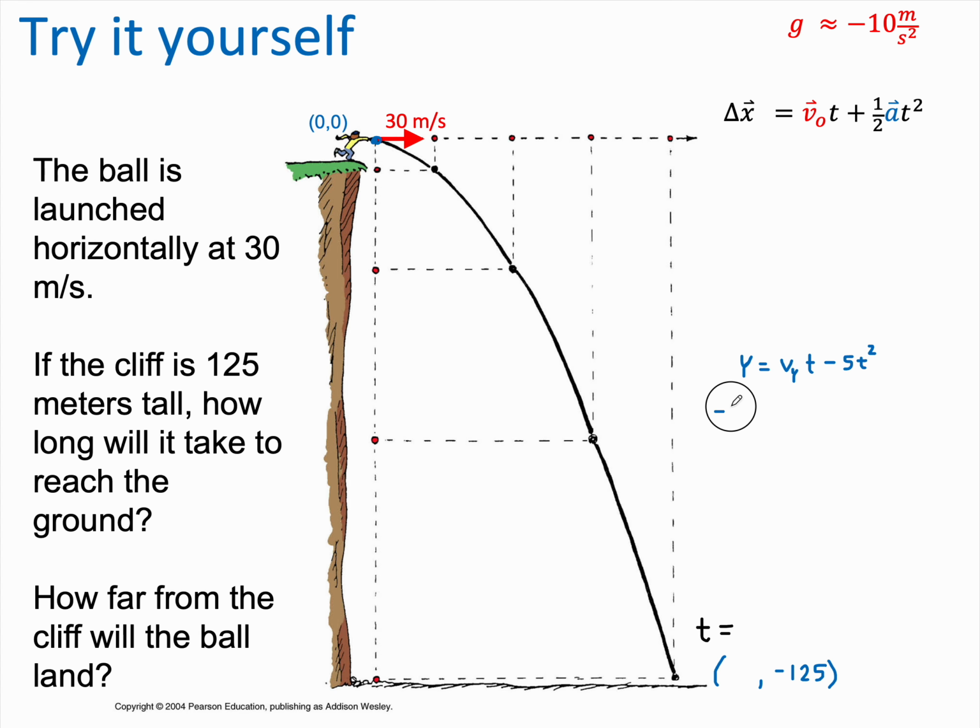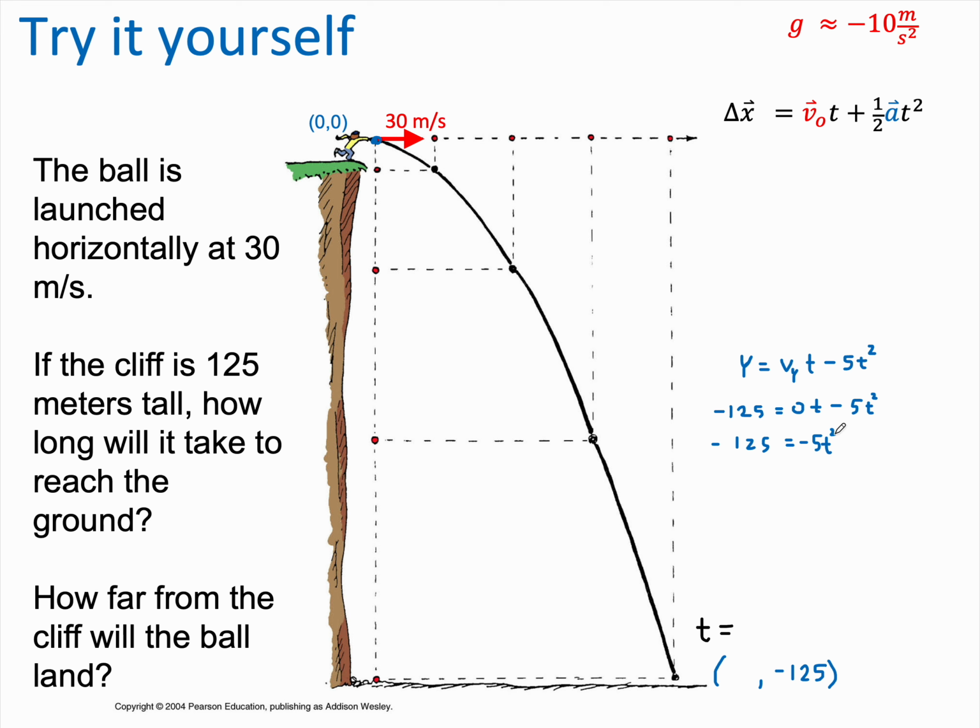So we just have to solve this. -125 equals 0 times time minus 5t squared. And if we solve this, it actually works out pretty nice. -125 equals -5t squared, dividing both sides by -5.